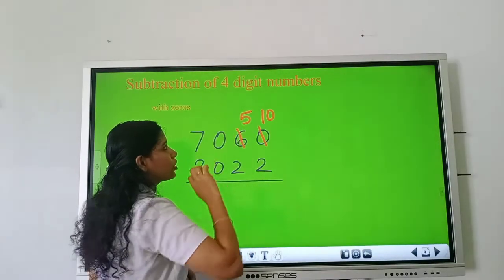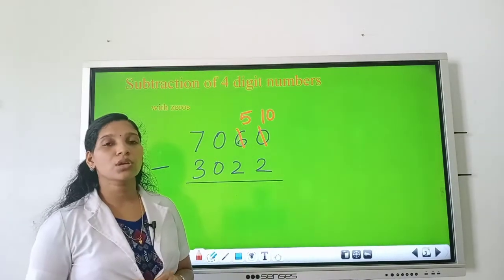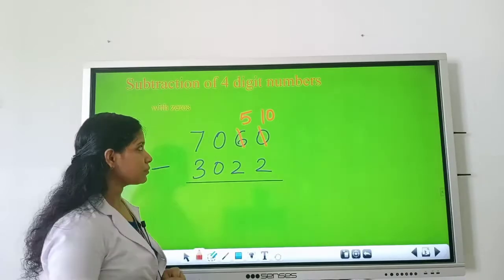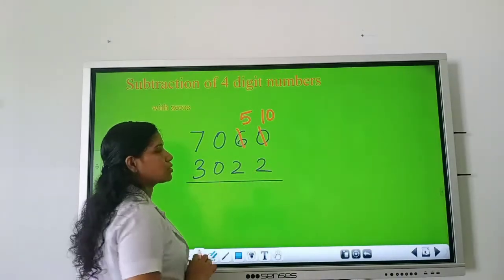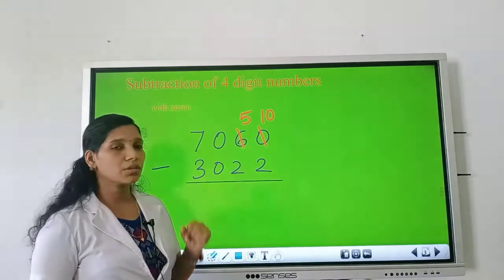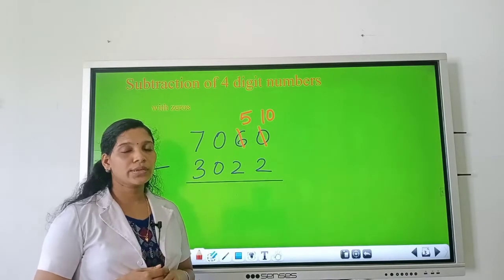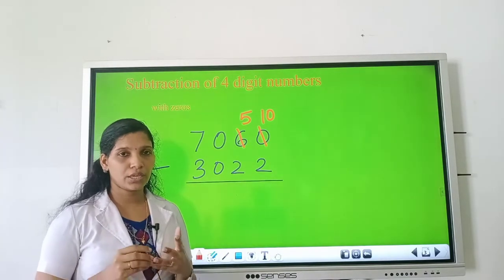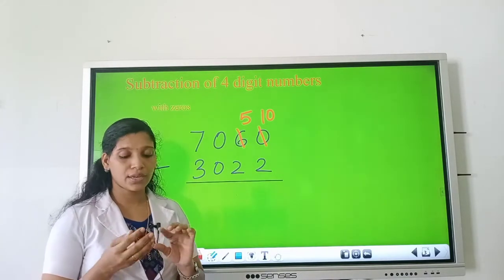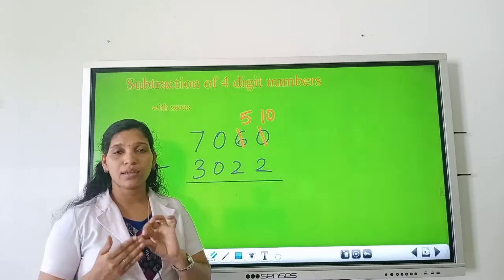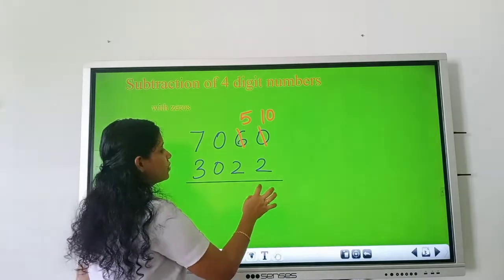Always remember, when you are borrowing and giving to 0, 0 will become 10. Now 10 minus 2 you have to do. 2 plus how many numbers will give you 10? 3, 4, 5, 6, 7, 8, 9, 10. 8 numbers. So 8.